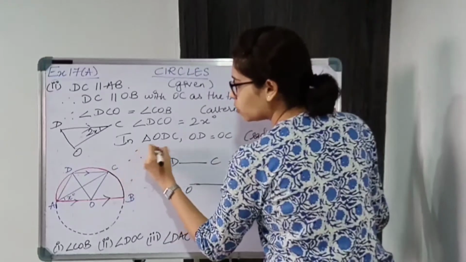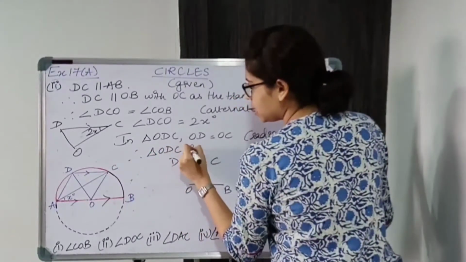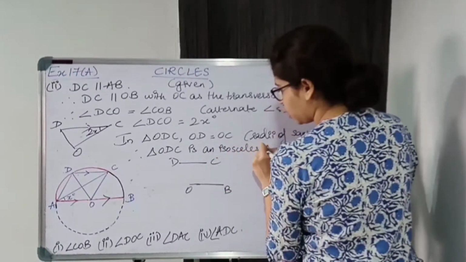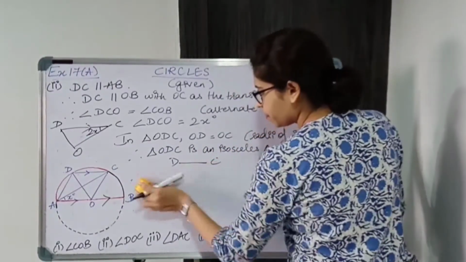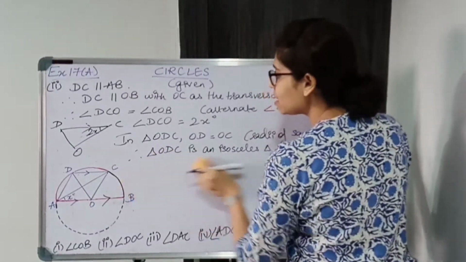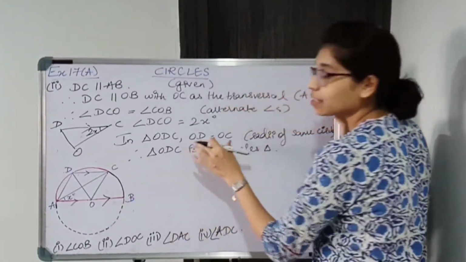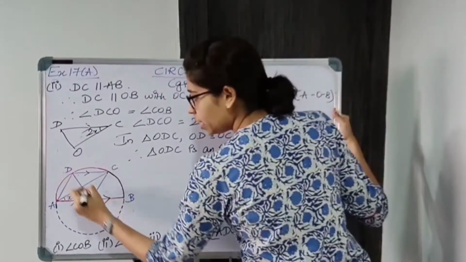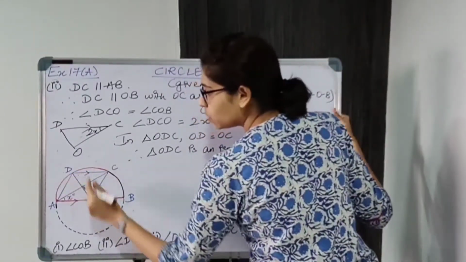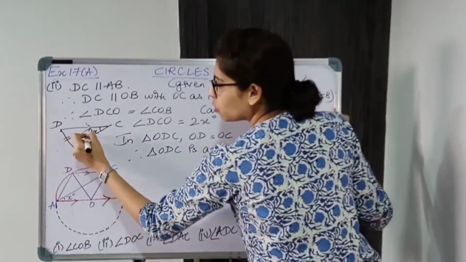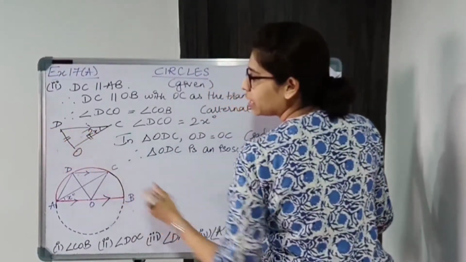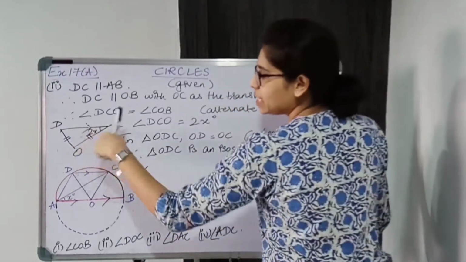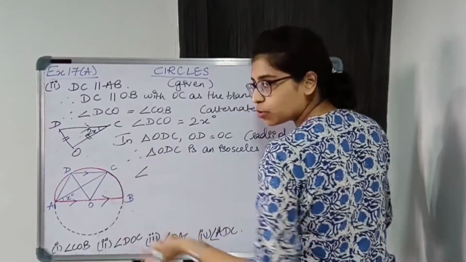Therefore triangle ODC is an isosceles triangle. Okay. Now since this is an isosceles triangle, base angles are going to be equal, angles opposite to these congruent sides. OD and OC, they are equal. So the angle opposite to OD, that is angle OCD, or DCO, same, whether you say DCO or OCD.